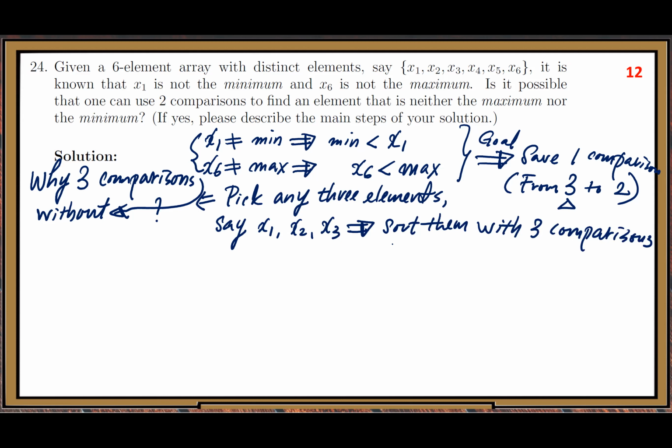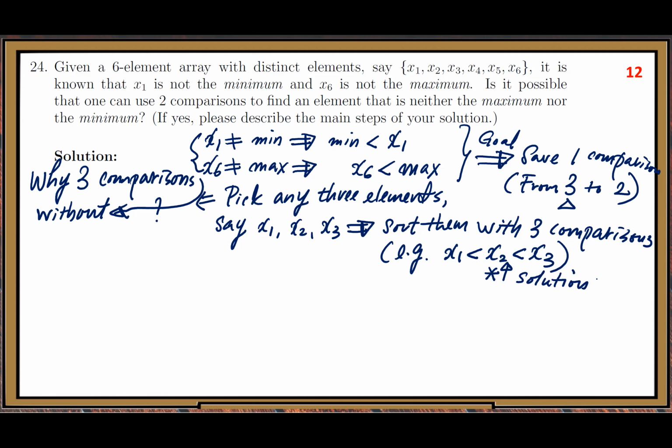So let's assume the example case, x1 less than x2 less than x3. You get them sorted. Then the one in the middle, that's the solution, right?